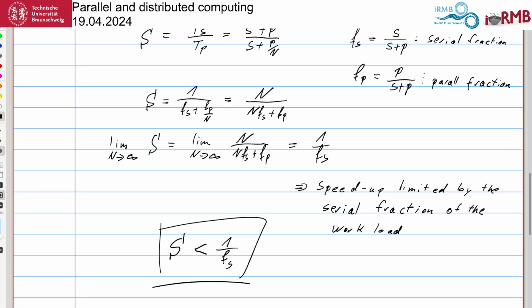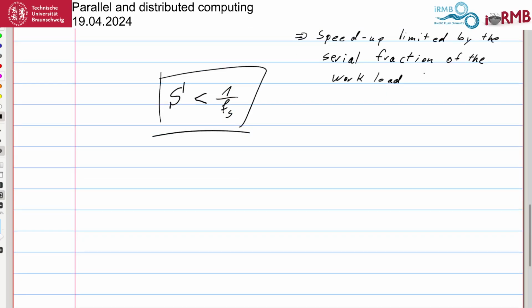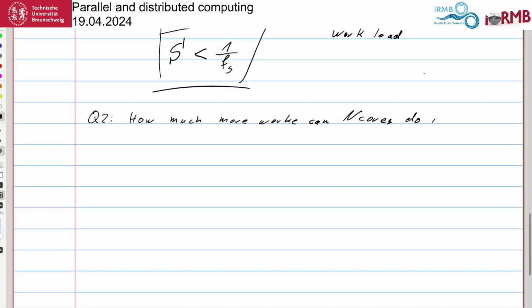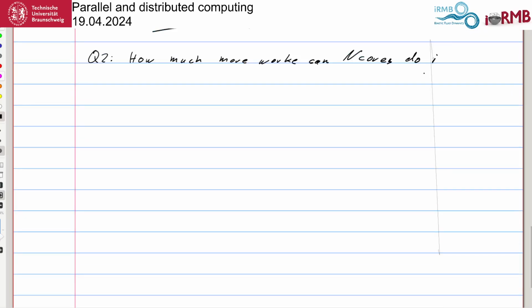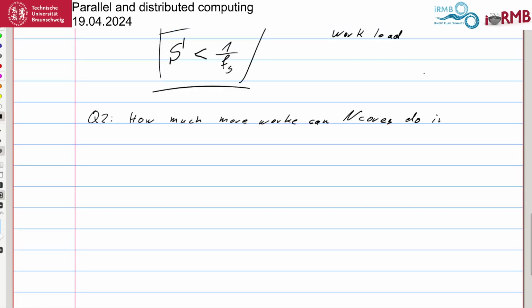If there is strong scaling, then there's also weak scaling. And this brings us to the second question, question number 2. This is a different problem: how much more work can n cores do instead of 1?